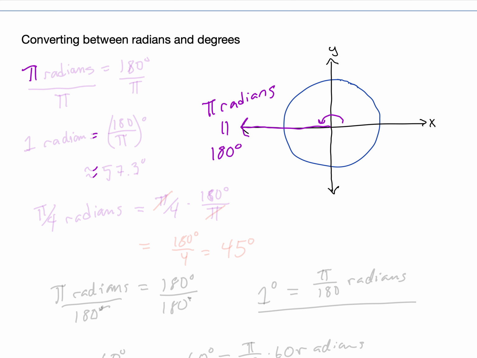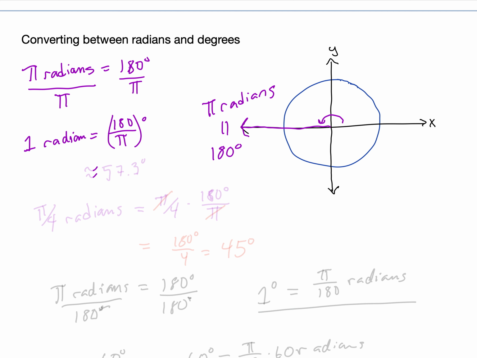Since pi radians is equal to 180 degrees, we could divide both sides by pi to get that 1 radian is equal to 180 divided by pi degrees.